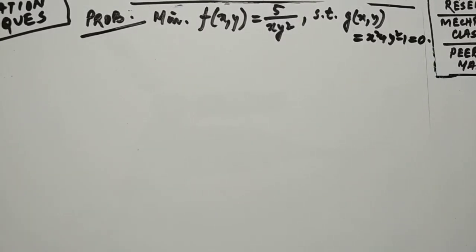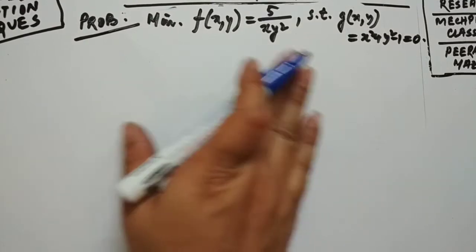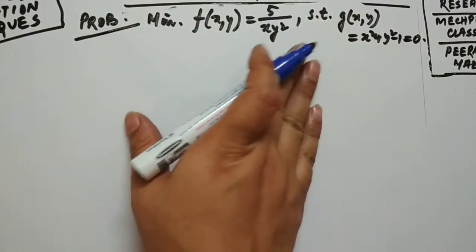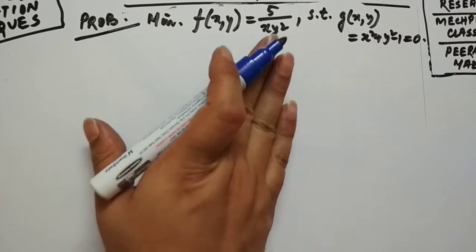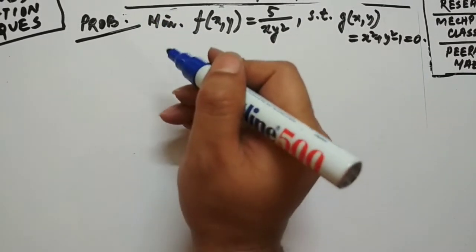Now the first step is to convert this given objective function and the constraint into an unconstrained one. So we have to introduce a Lagrangian function.